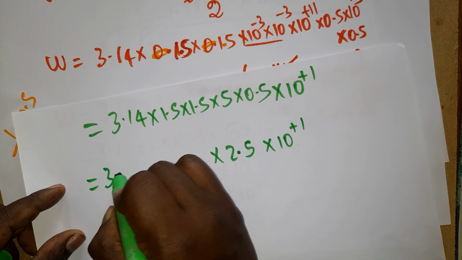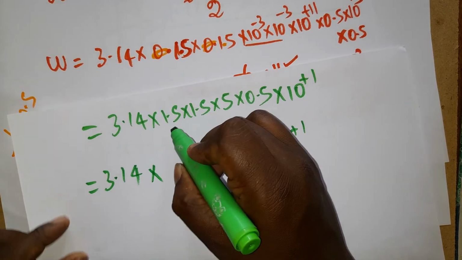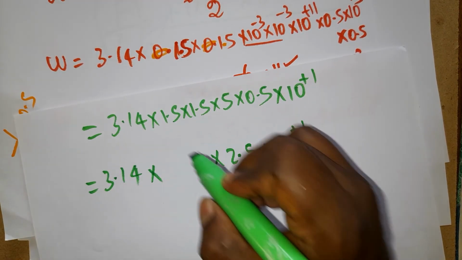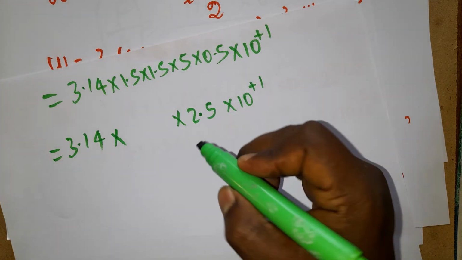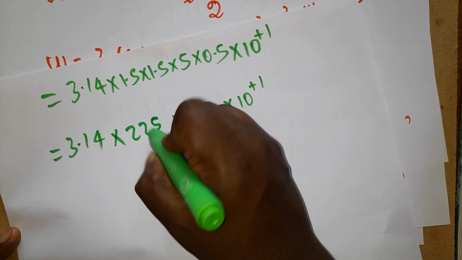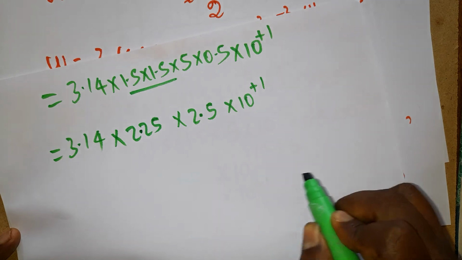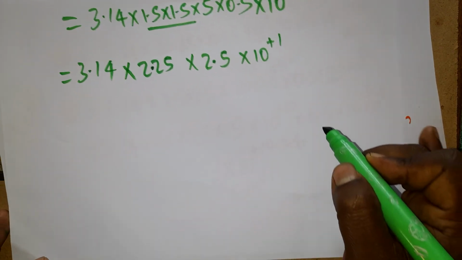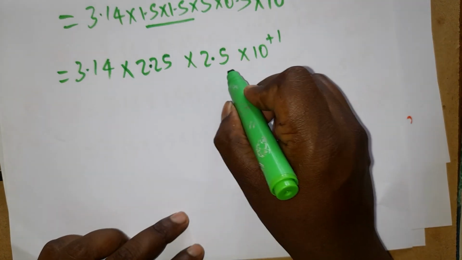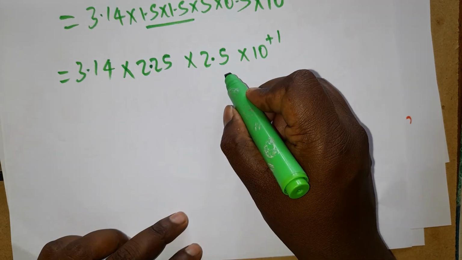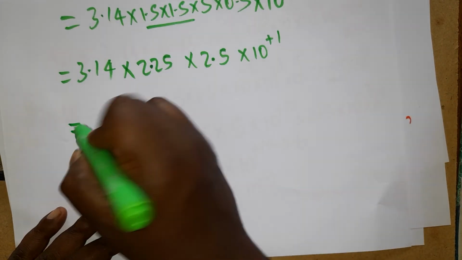Here 3.14. 1.5 into 1.5, almost 15 into 15, we'll write 225. Because of 2 decimals, here you can keep a decimal. Now 225 into 3.14 into 2.5. See what we are going to get.